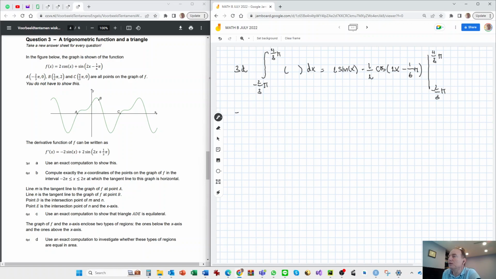Okay. Do I get 2 times the sine of 4/3 pi minus 1/2 cosine of 8/3 pi minus 1/6 pi, minus 2 sine of negative 2/3 pi minus 1/2 cosine of negative 4/3 pi minus 1/6 pi.